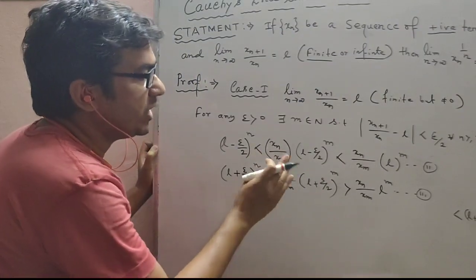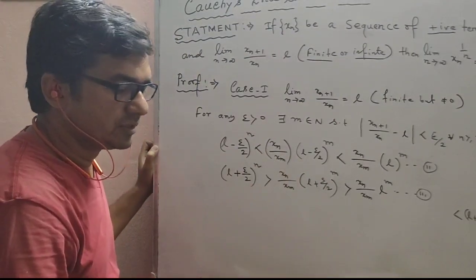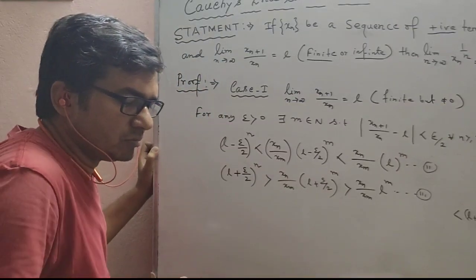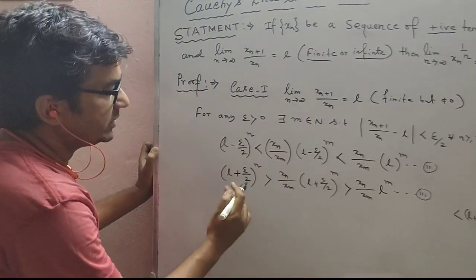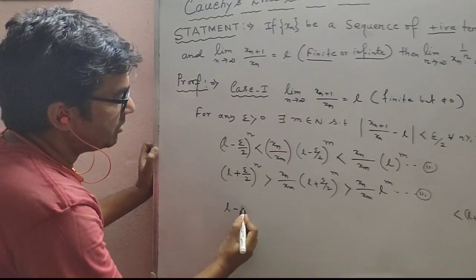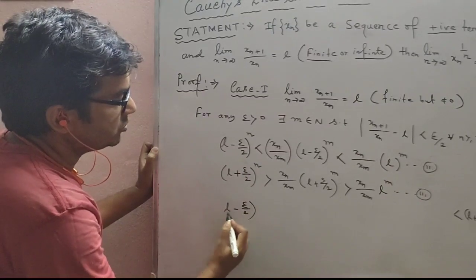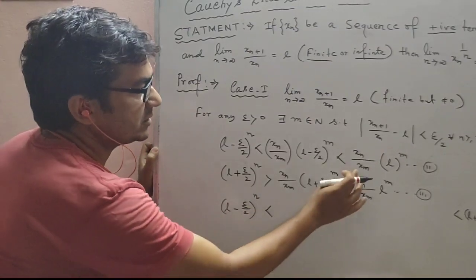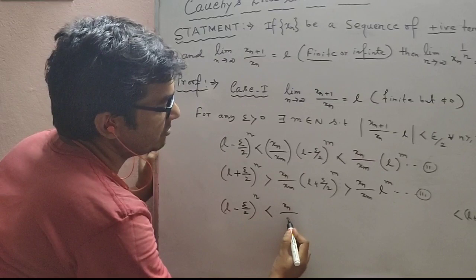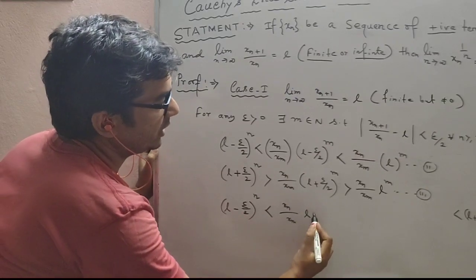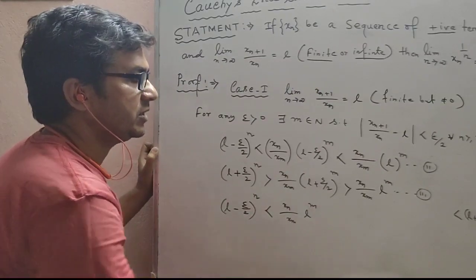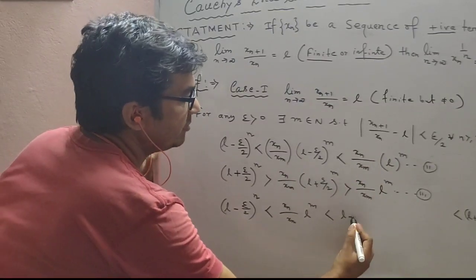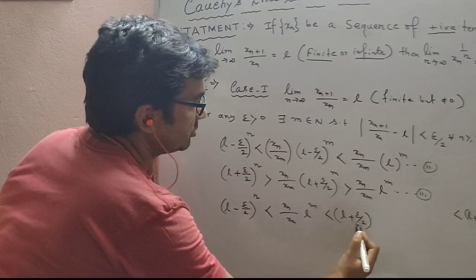Now from 2 and 3 we get L minus epsilon by 2 whole to the power n less than xn by xm into L to the power n, and from here to here that is less than L plus epsilon by 2 to the power n.